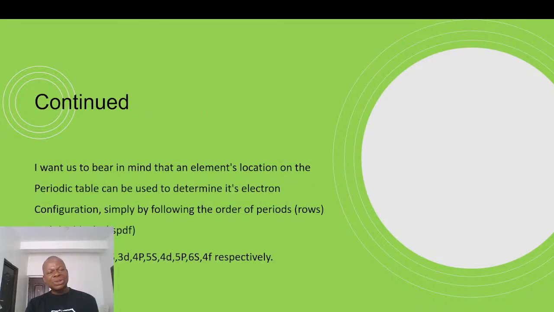Now, I want us to bear in mind that an element's location on the periodic table can be used to determine its electronic configuration. What do I mean by that?